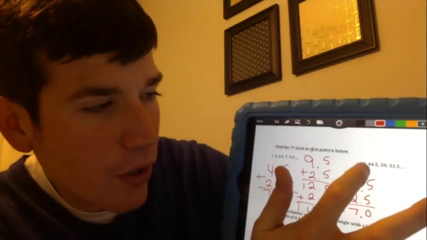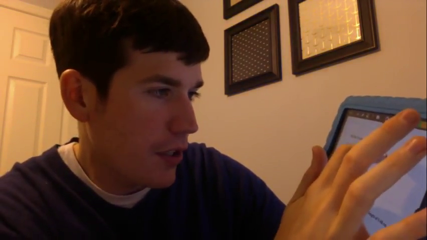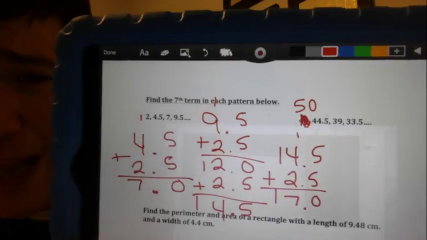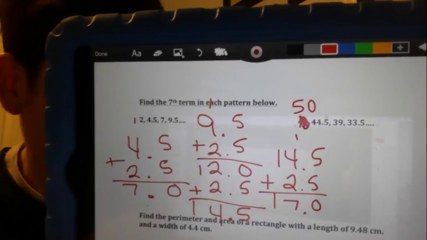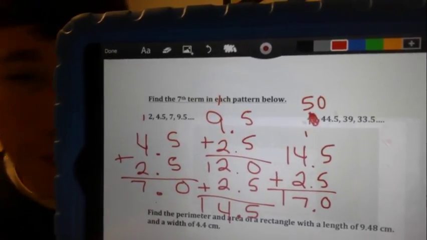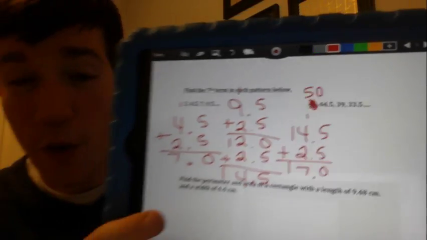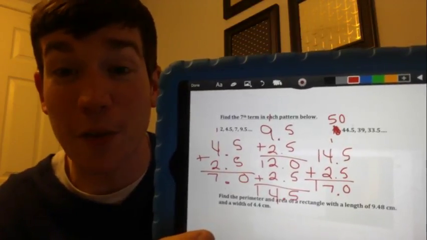Now the second one, you're going to notice this was a 50. I changed it. The second one, you're going to notice that your pattern is going down from 50 to 44.5 to 39 to 33.5. Notice there your pattern is going to be subtracting.